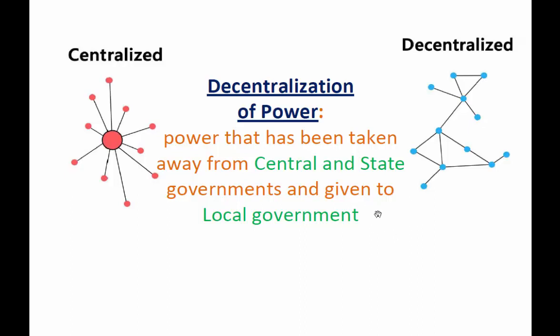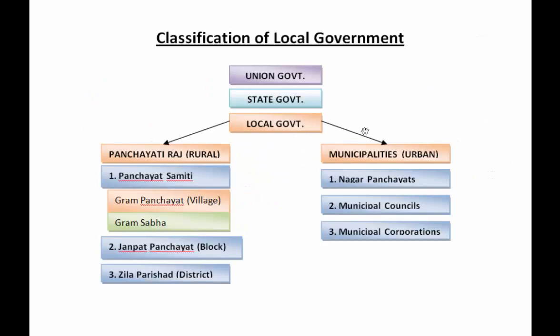Okay. Next, classification of local government. This is very, very important. The union government or the central government is always at the top. And then comes the state government. A state like Manipur has a state government.